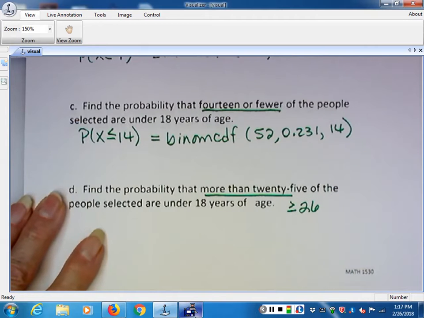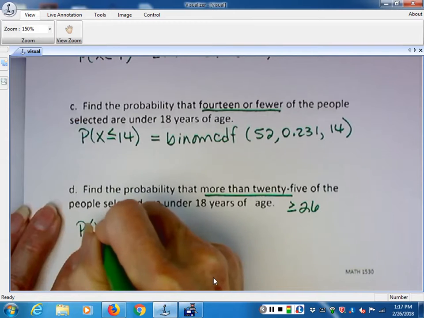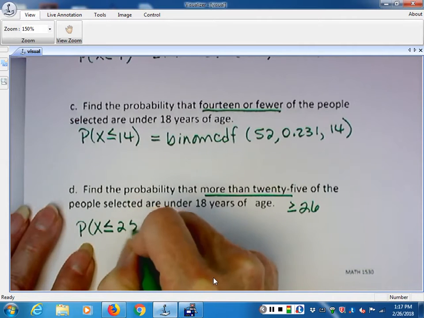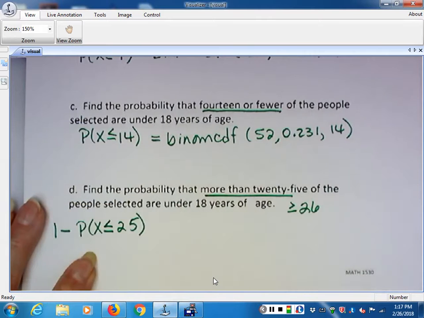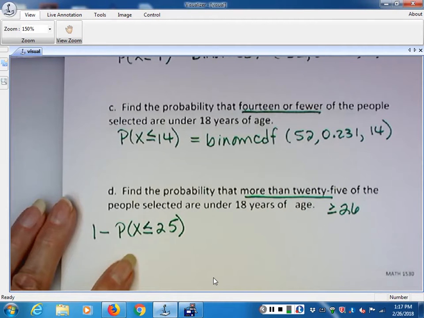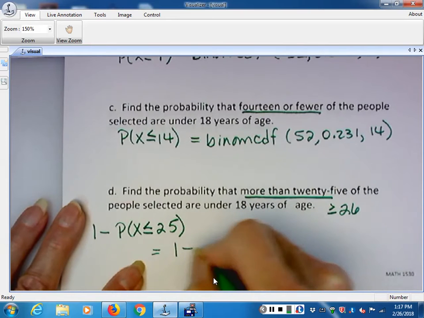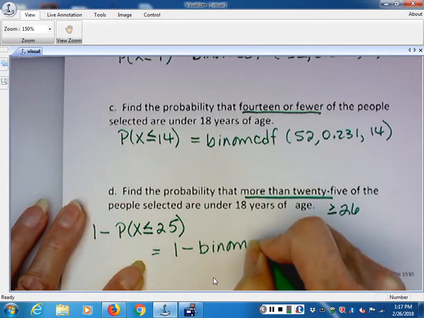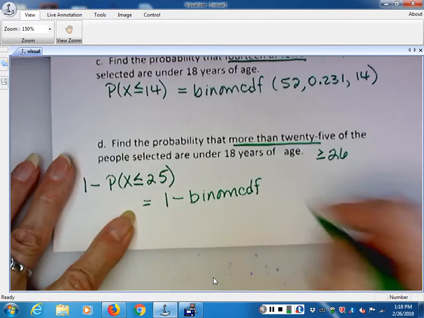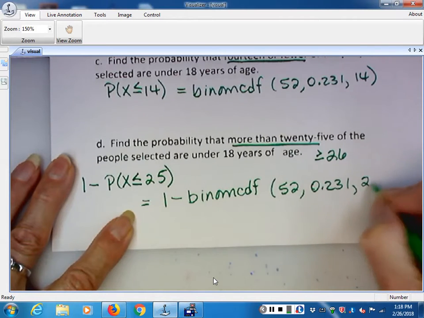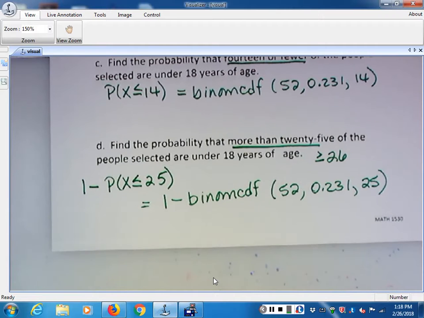So that's equal to or greater than 26, but because it goes up, our statement is the probability that X is less than or equal to 25, and we're going to subtract it from 1. Okay? We're doing the complement.